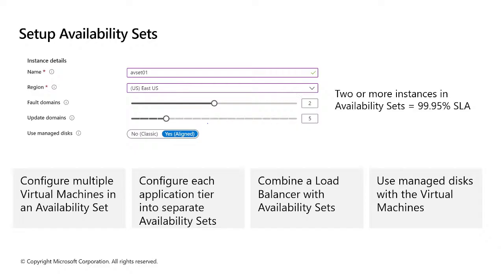Same thing goes with the update domain. For the update domains, these are collections or sets of machines that are updated and rebooted at the same time. So when we have that, the update domains don't mean that no two machines are going to be on the same rack for sure. But in this case, we are not looking at that.